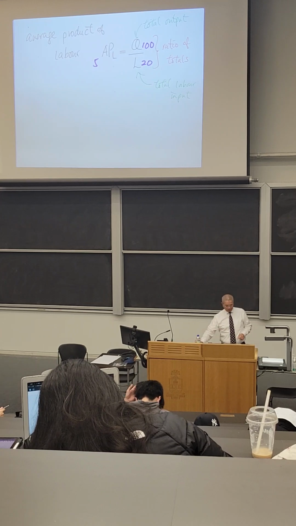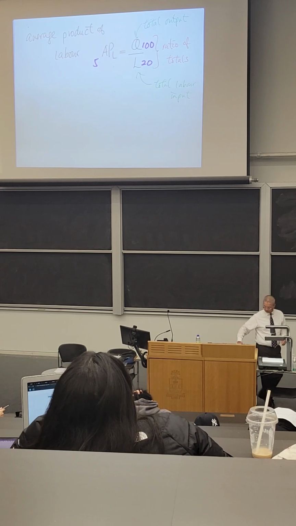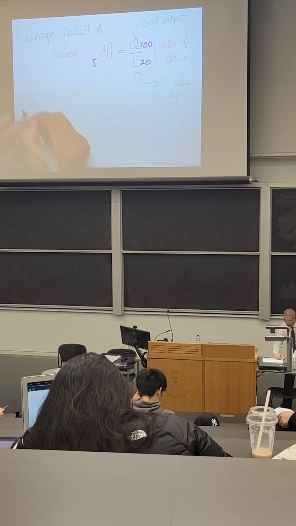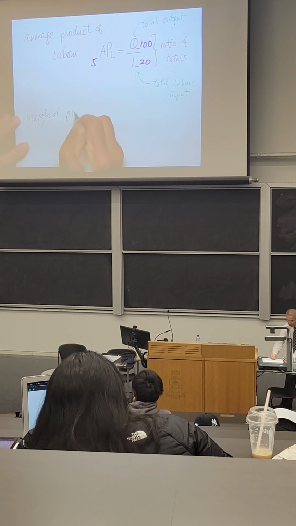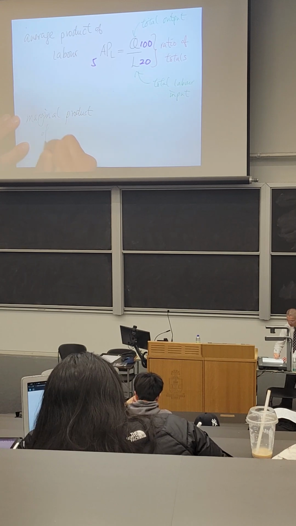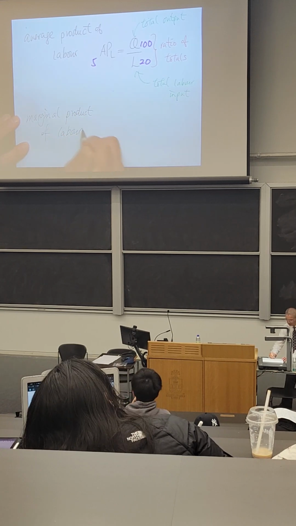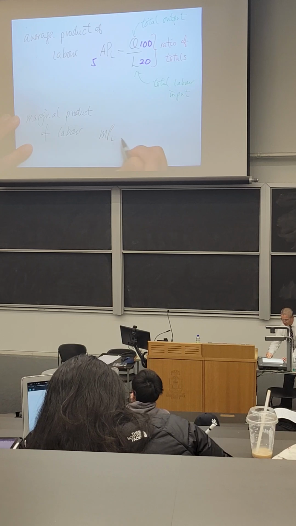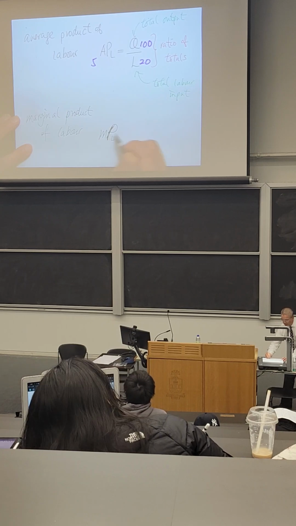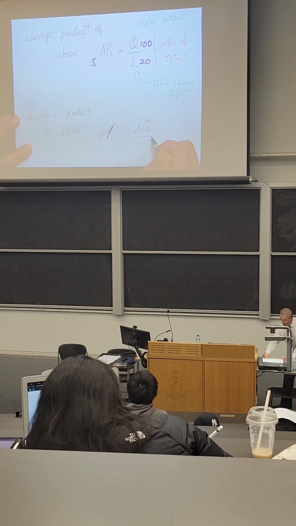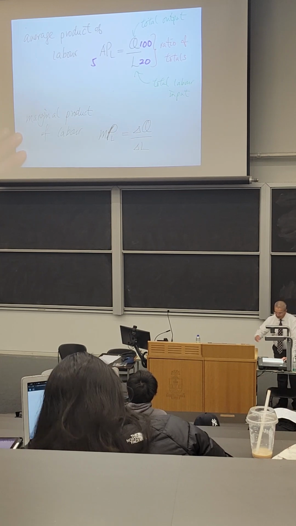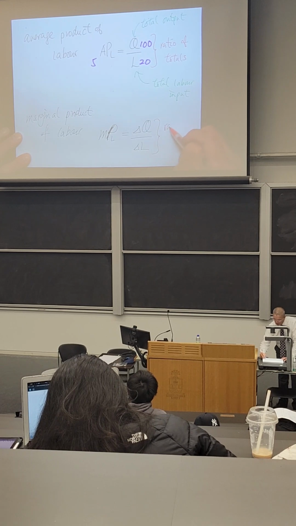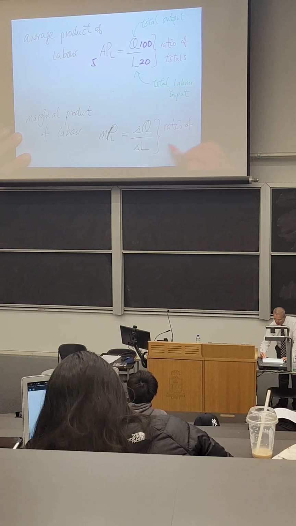The second measure about productivity is the marginal product of labor. The change in output over change in labor input. And this is the ratio of changes.